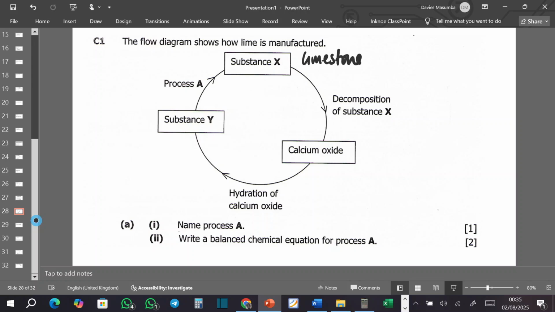Then if it decomposes, this is decomposition by heating, which gives us calcium oxide and carbon dioxide. Then this calcium oxide undergoes hydration: you add water, and it gives us substance Y, which is calcium hydroxide.